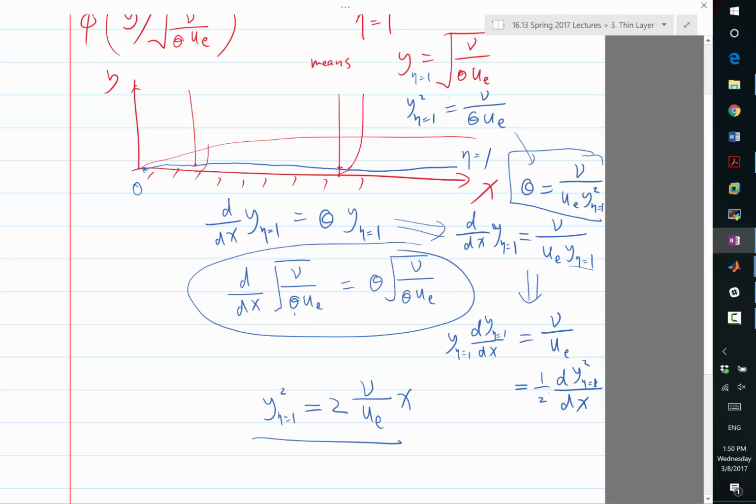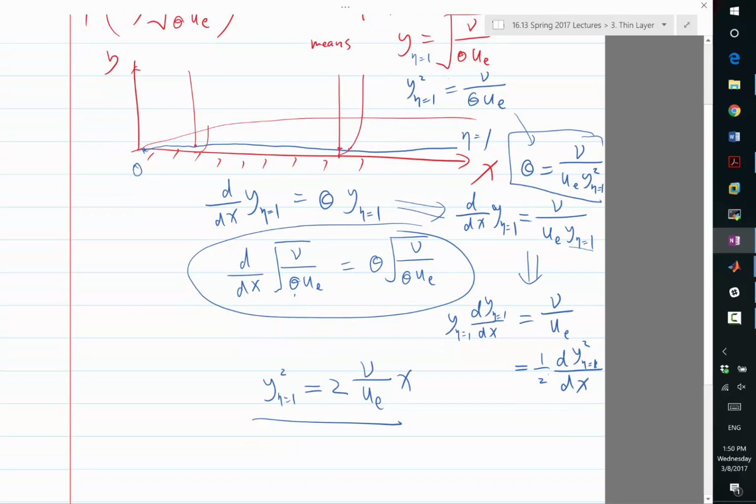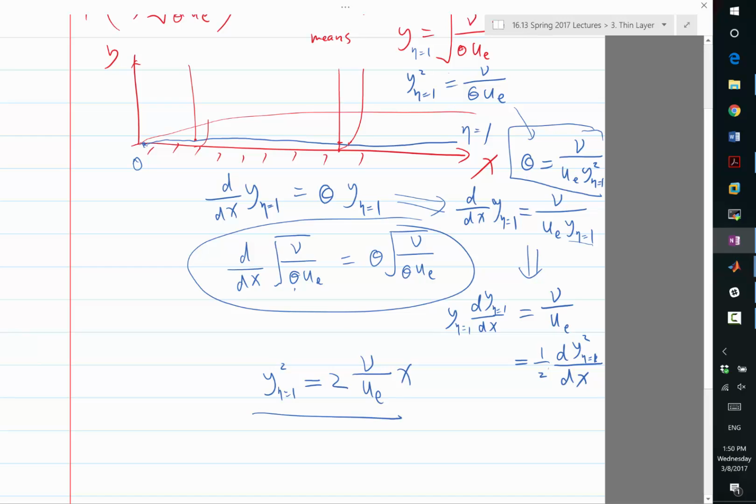So from this equation, we basically combine this equation with theta and say, okay, 2x is equal to 1 over theta. So 1 over theta is a length scale that is, for a flat plate, twice the distance from the leading edge.